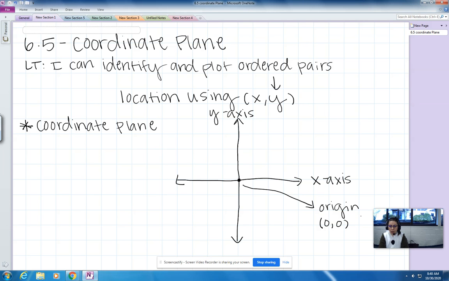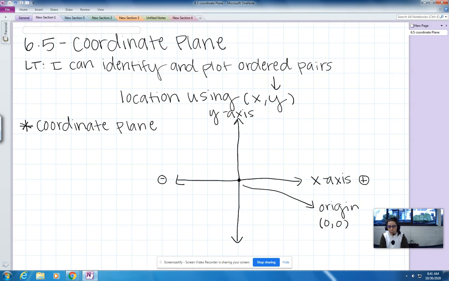The reason I wanted to talk about that is because now I want to talk about positives and negatives in relation to the coordinate plane. If we look at our x-axis, we see that there are two options. We can move to the right or we can move to the left. The right side represents the positive x values, so everything greater than 0, everything to the right is a positive x value. And the left side represents negative x values. If we move to the left, less than 0, those are our negative x values.